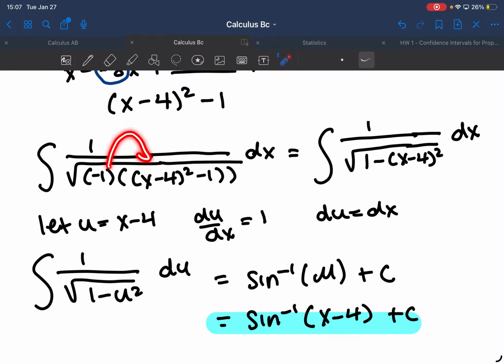Okay, so I gave the negative here, which made it negative x minus 4 squared. That's this part. Then I distributed the negative 1 to this negative 1, which makes it positive 1, which is this part. I just flipped them. So instead of saying negative this plus or minus 1, I did 1 minus that, just so it looks like that inverse trig.